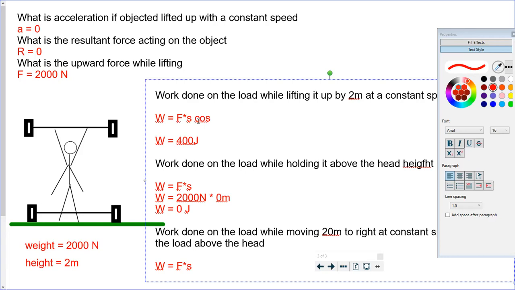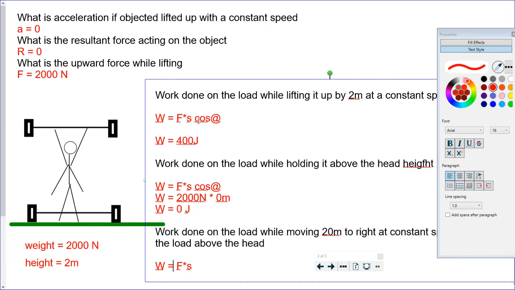Yes, Aisel, now you got the answer. Distance is not in the direction of the force. If you use the angle, force is exerted upward and the displacement is covered to the right. So what will be the angle? If the force is upward to hold the load above the head height, we need a force upward. But we are moving to the right.